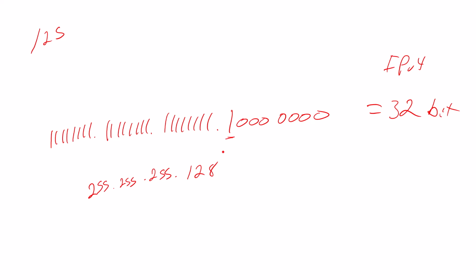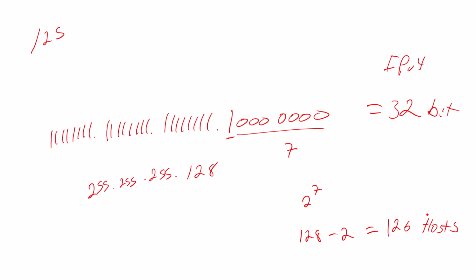So, the number of subnets and the number of hosts. Basically, we look at how many zeros there are. There are 7 zeros. 2 to the power of 7 is 128, minus 2 gives us 126 usable hosts. We subtract 2 because of the network ID and the broadcast address, that's how we lose those 2.